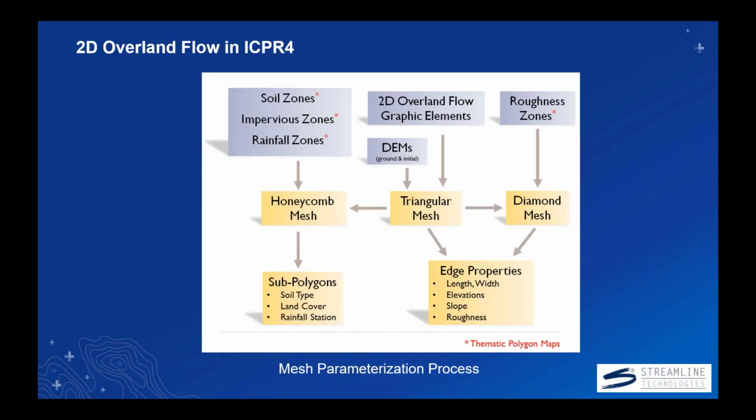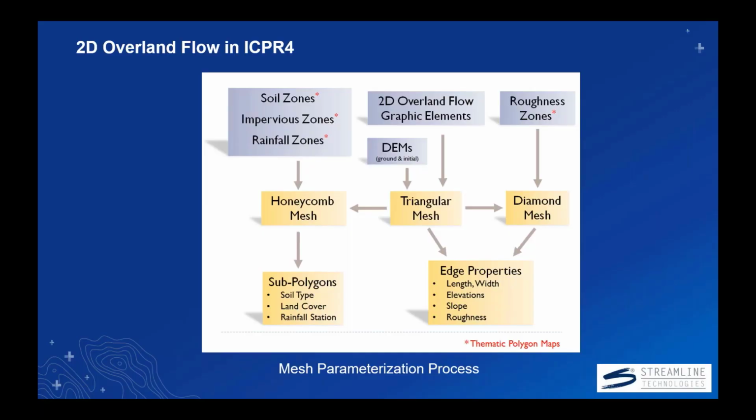And so the process here is you develop the graphical elements, adding detail where you want to refine the computational mesh. From those graphical elements, we build a triangular mesh. Then the honeycomb mesh is derived from that. And then we intersect the honeycomb with soil zones, impervious zones, rainfall zones. We form a set of subpolygons, and then we have the various attributes for the subpolygons.